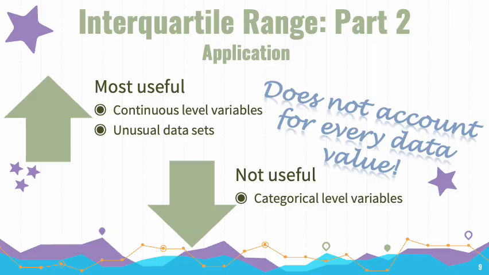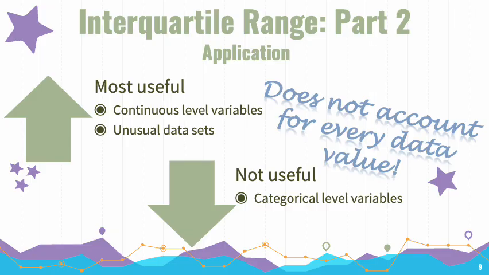Like the range, the interquartile range is not useful for nominal level data because there is no ordering. Because the interquartile range requires us to find the median and then to find the percentiles, it is also not useful for ordinal level data for the reasons that we discussed as to why the median is not useful for ordinal level data.